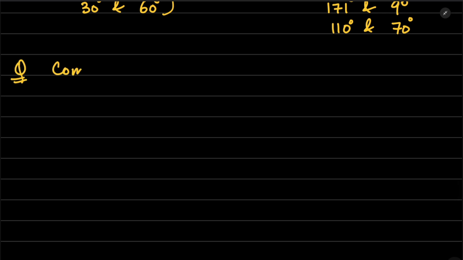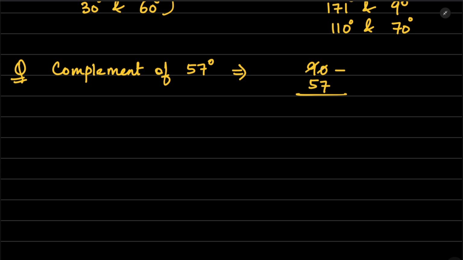What is the complement of 57 degrees? What will you do? Complement means 90, so 90 minus 57. Just do the subtraction. It's 33. So 33 degrees is the complementary angle for 57 degrees.